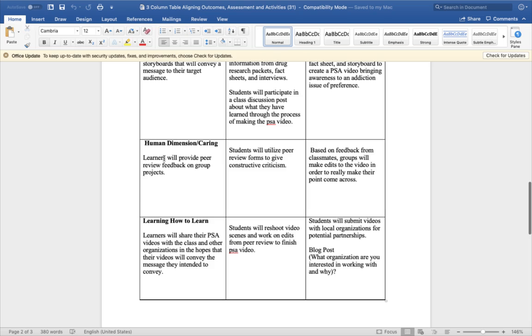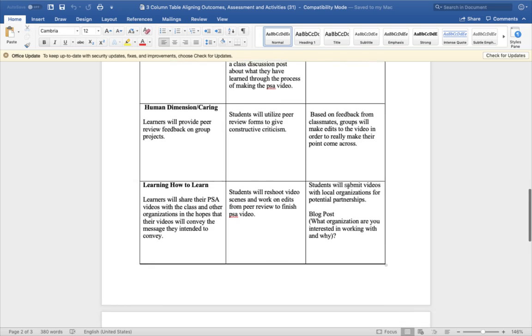And in the human dimension, that's where the peer review feedback will happen with the groups, and then those groups will be able to utilize that peer review criticism that they get and be able to make those edits to their PSA videos.